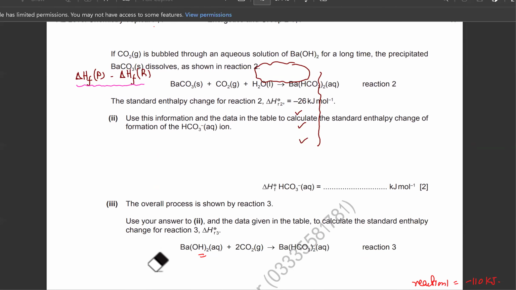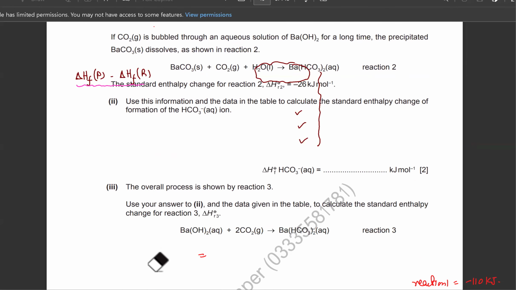The next part of the question is that there's a reaction number 2 and its enthalpy change has already been calculated. He's asking you to figure out the enthalpy of formation of HCO3 minus aqueous. So the enthalpy change is already known.